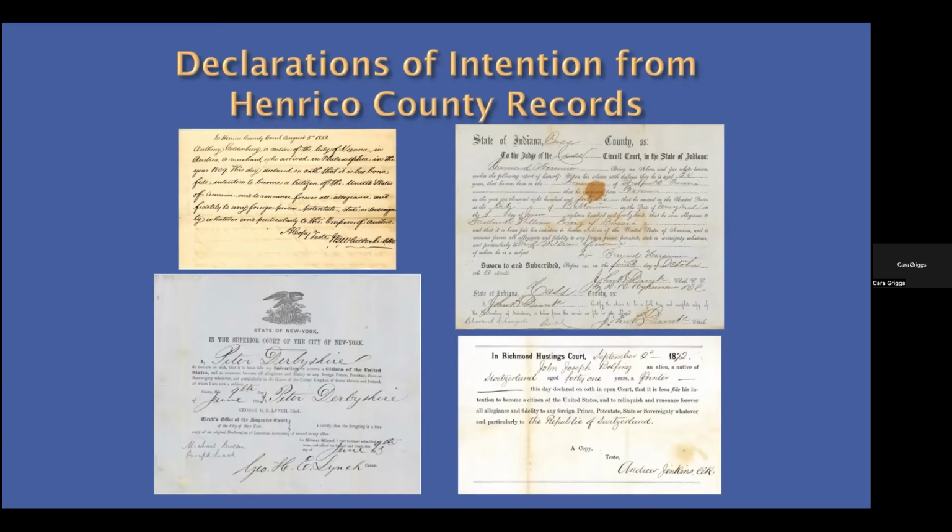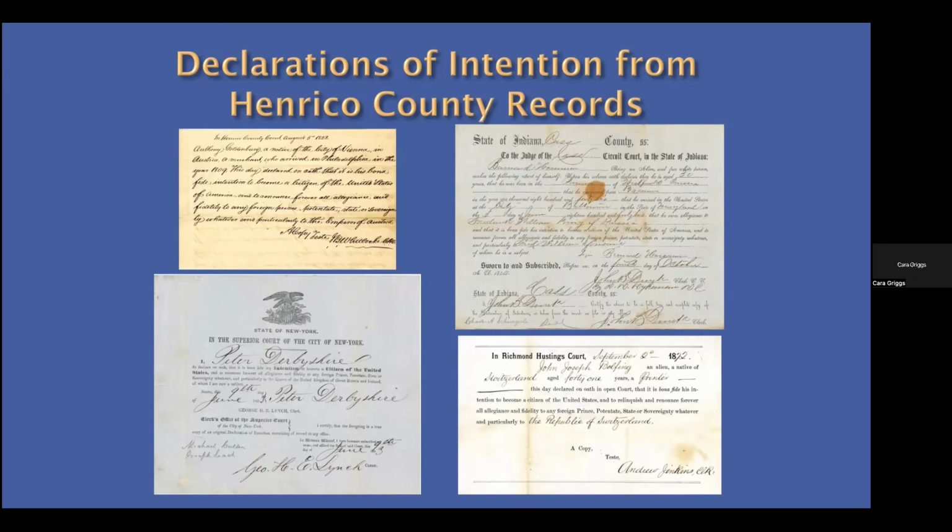You will see that while the naturalization process was standardized, the forms were not, even within one state. Anthony Goldberg's record from the Henrico County Court is handwritten. Peter Derbyshire's record from the Superior Court, the City of New York, merely lists his name and the date that he filed his declaration.